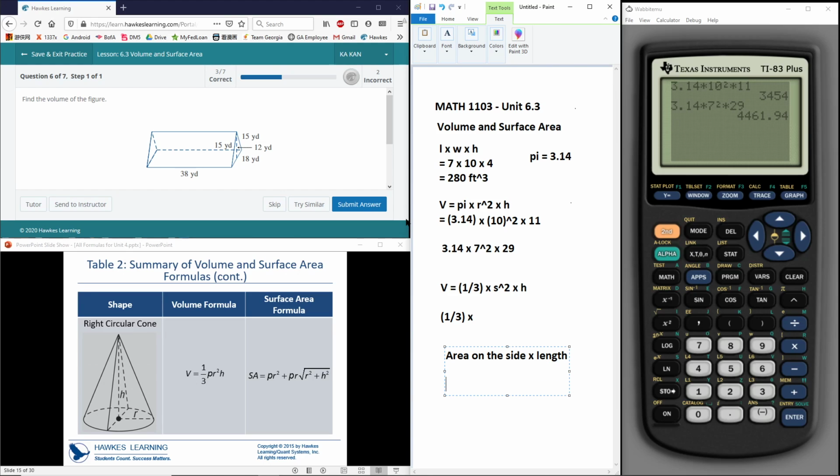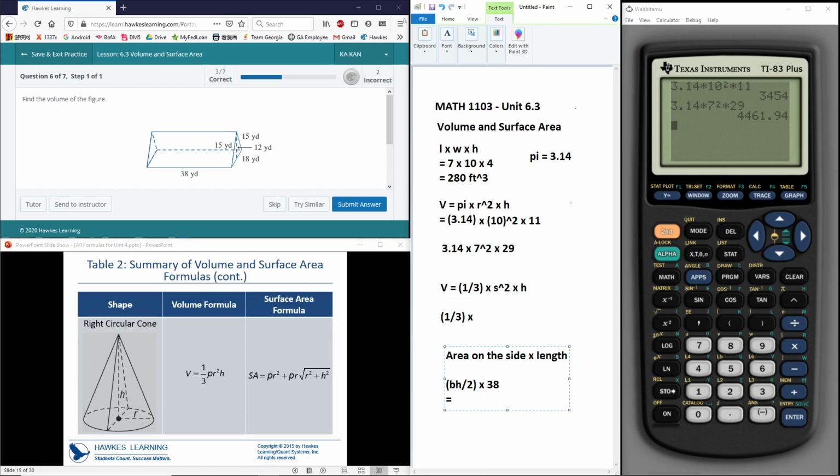The area of a triangle, I know it's hard to read, is the base times height over 2. The height is 12, the base is 18. So we have to find this area first, and then multiply by the length, which is 38.